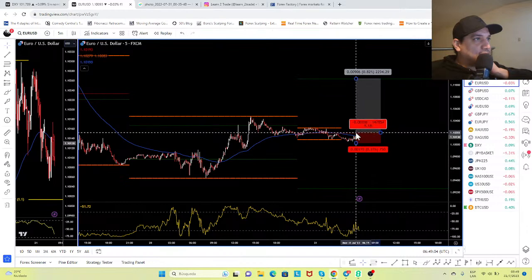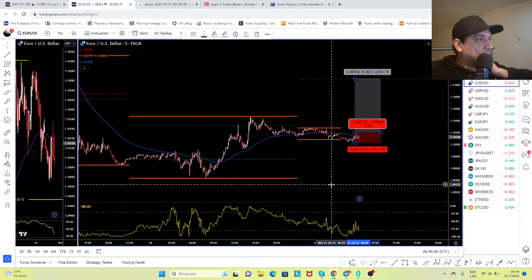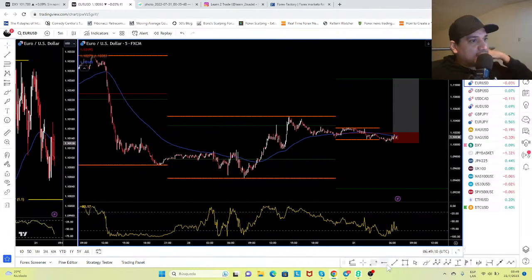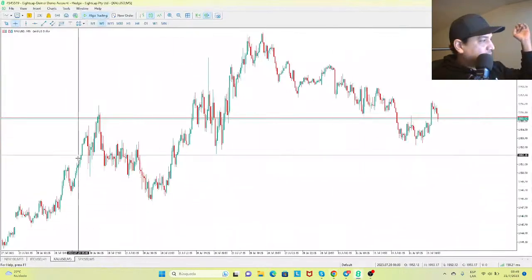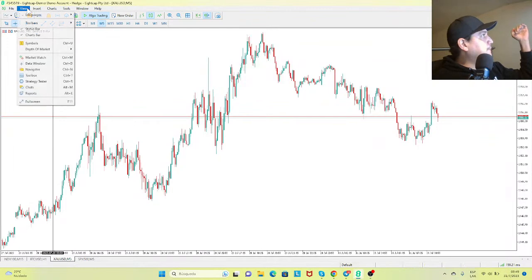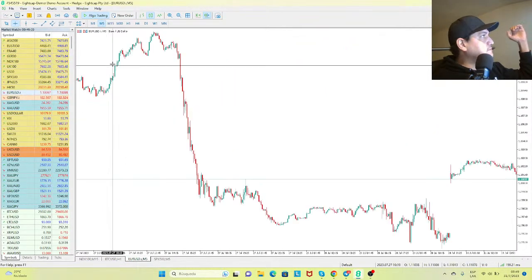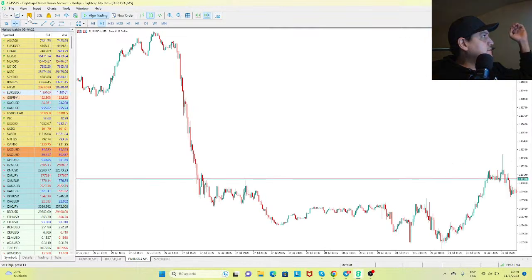This is an amazing possible trade, guys. I'm gonna be honest with you. I'm gonna place this Euro USD, Euro US dollar F1 strategy setup.